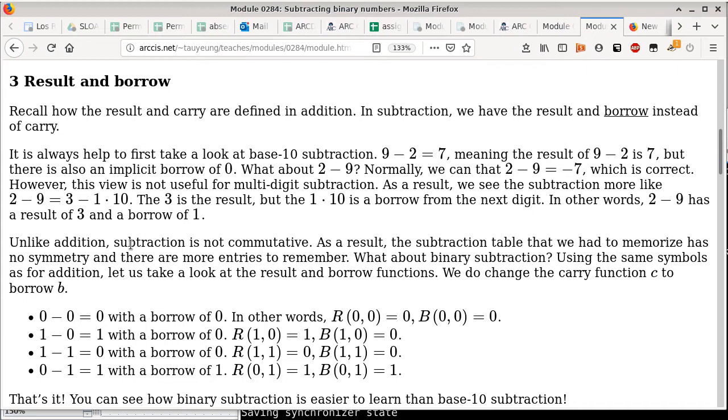Yes, go ahead. What if you have a strange base, like you're not in base 2 or base 10? Like what if you're in base 13 or something? It still works exactly the same way.